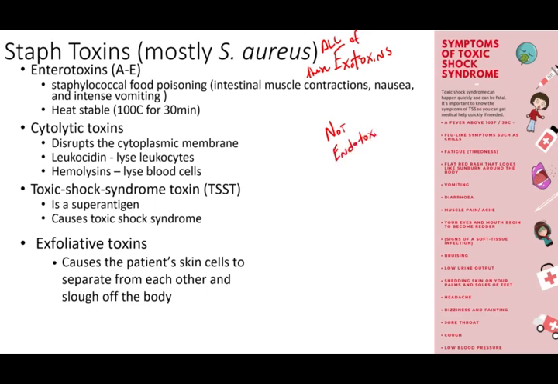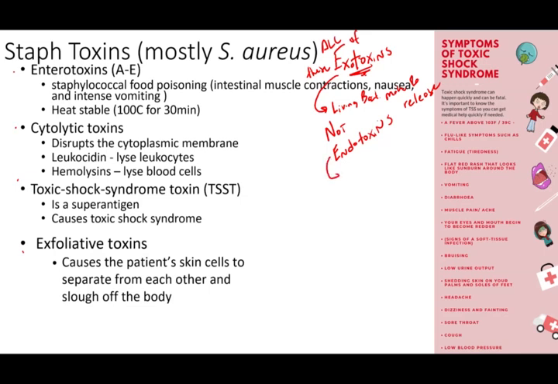So all of these toxins that we're talking about here are exotoxins, and if you don't remember what that means, it means that living bacteria make and release them. So there are some strains of Staphylococcus that can make and release these toxins called enterotoxins, and other ones can make cytolytic toxins, and others can make toxic shock syndrome toxin, or TSST, or exfoliative toxins, etc.